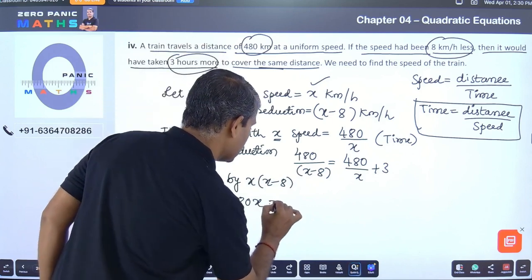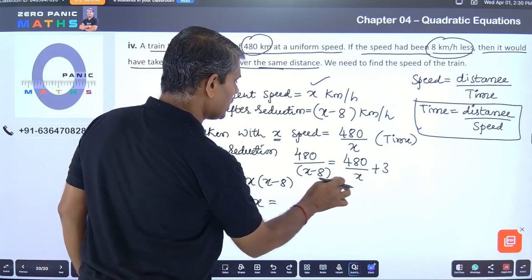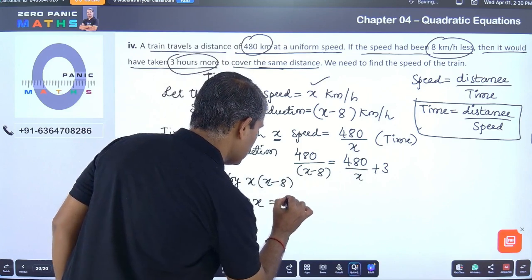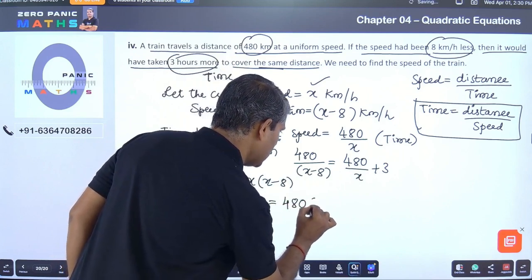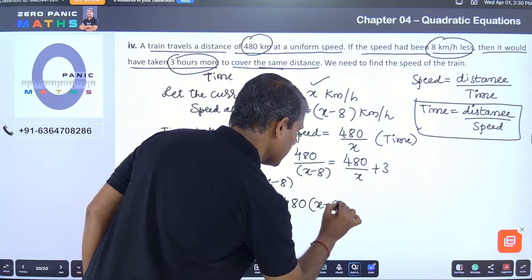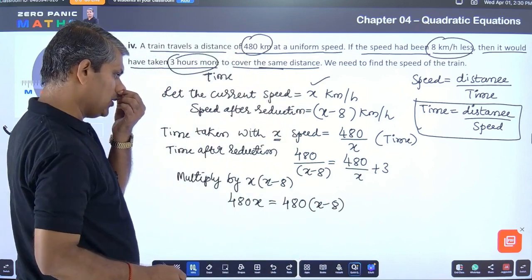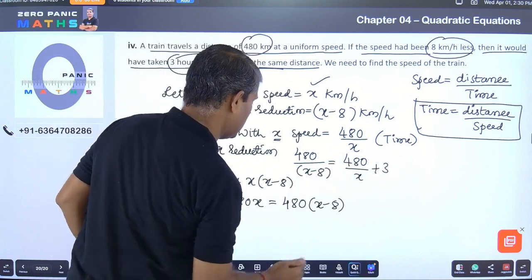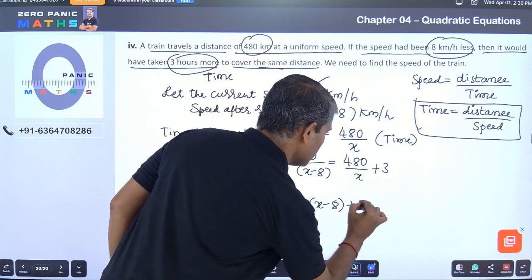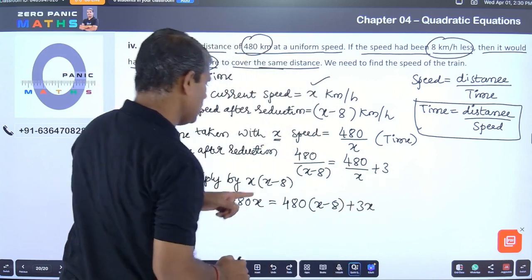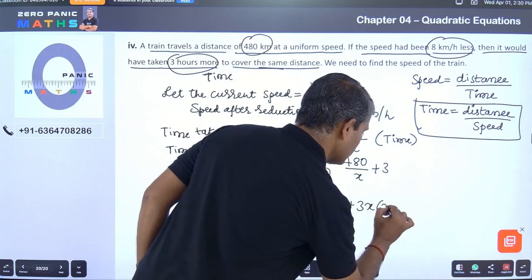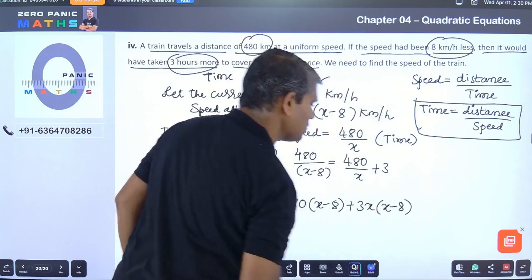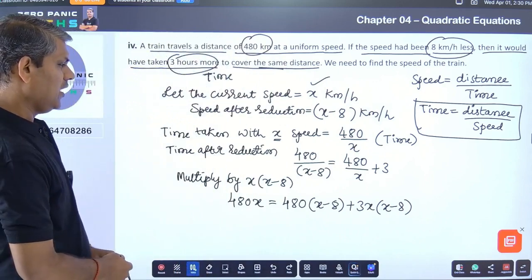On the right side the x term is going to cancel and this remains, so it will be 480 into x minus 8. Hope you understood this. For the second term the whole thing remains, plus 3x into x minus 8.